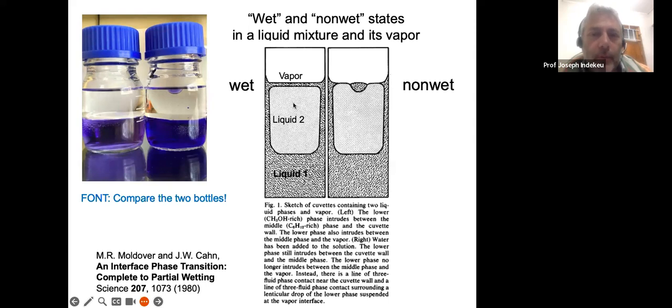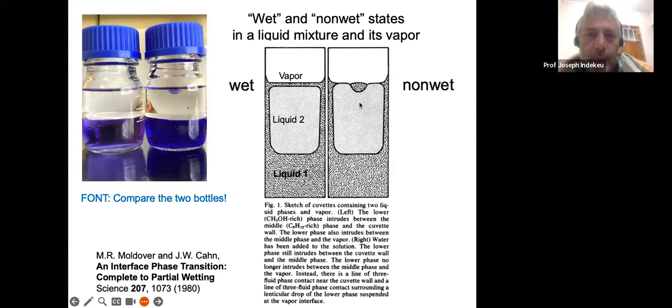Now, since we are in the gravitational field, this film of the heavier phase cannot be very thick. Gravity would associate a very heavy penalty of energy if we would try to do that. So the film that is here will thin, and in equilibrium it will be about a few hundred angstroms thick only.